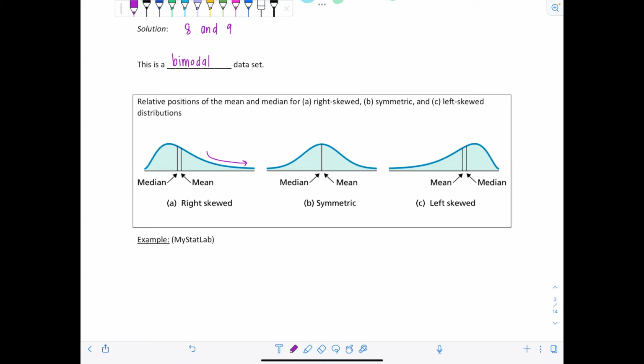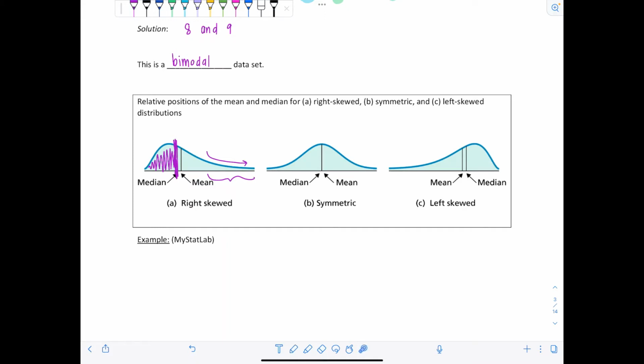It means you have more values here that are pulling or skewing the mean, the average, but really 50% of the data falls below the halfway point, which is here, which is why it's good to look at both the mean and the median, especially when you don't have a symmetric data set.